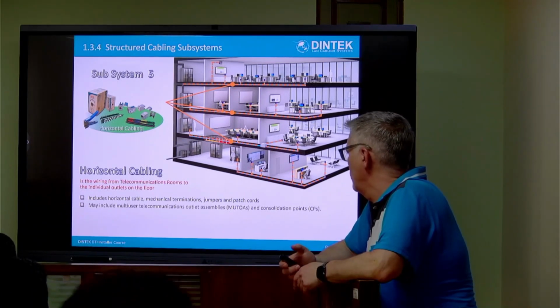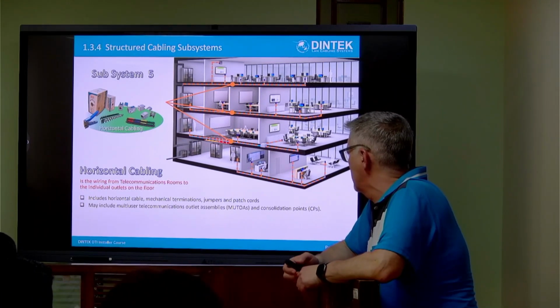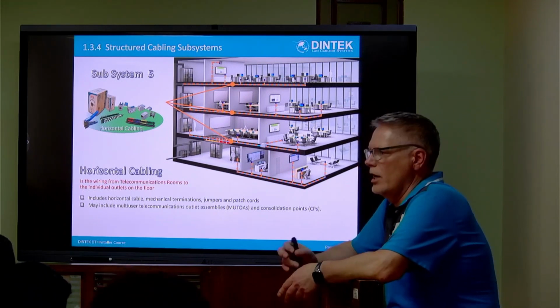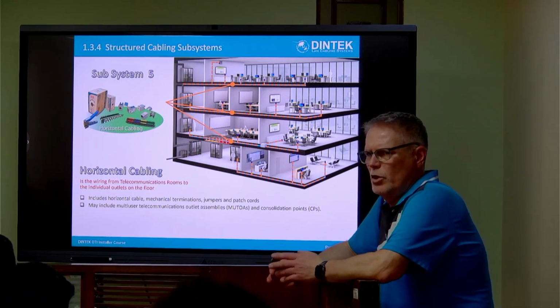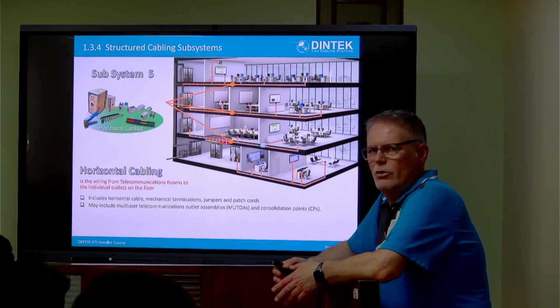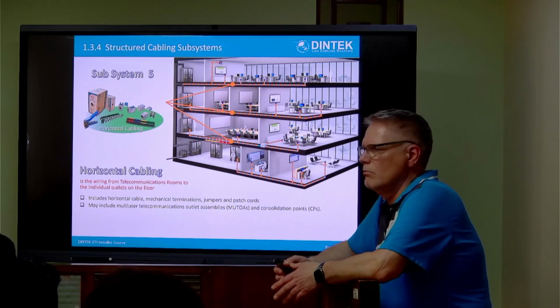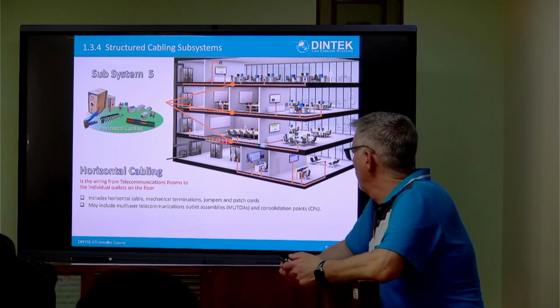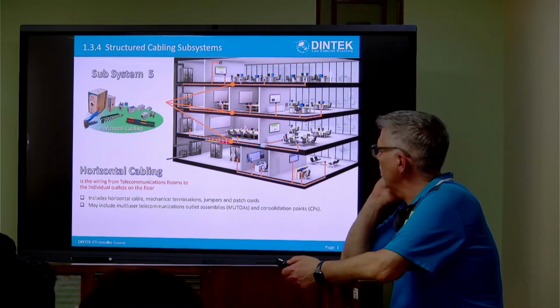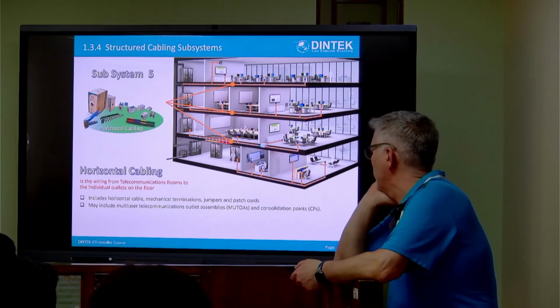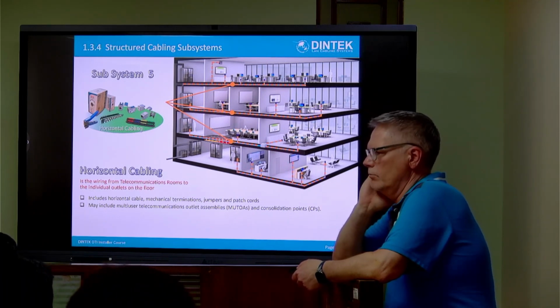It may include multi-use telecommunications outlet assemblies, MUTOs. Everybody heard of MUTOs? We'll look at that a little bit further on, so I won't talk about it now. But they're basically a type of consolidation point.